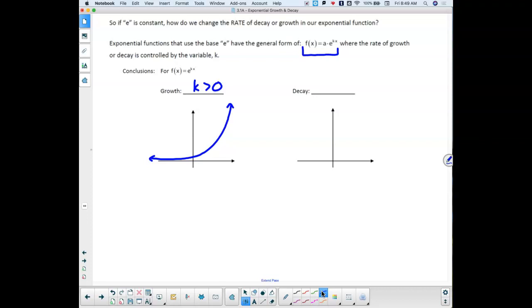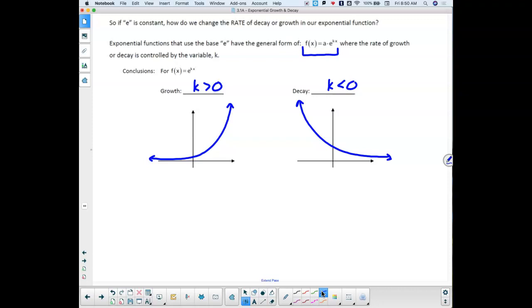If it's a decay, k is less than 0. Don't have to think about, well, is this a fraction? Yes, the b is in fraction form, but is that fraction bigger than 1, or is that fraction less than 1? It's positive and negative. Okay, that's what makes it nice.